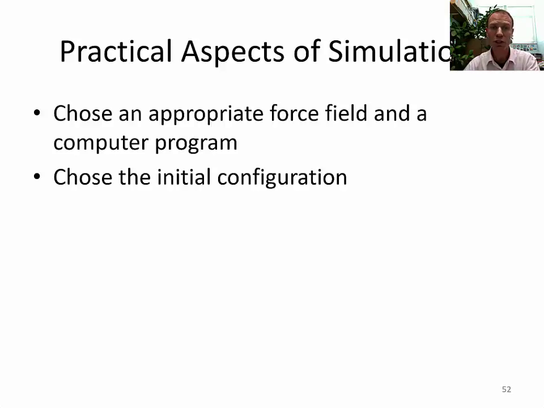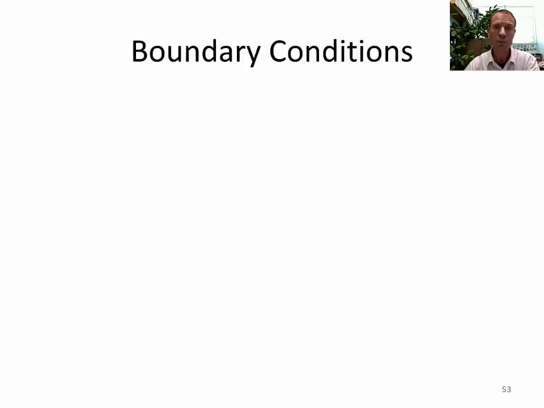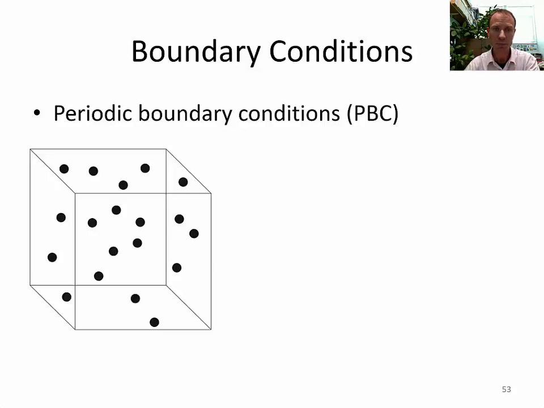So, assuming you've got your initial configuration, the next thing you need to think about are the boundary conditions in your simulation. Because you can't model an infinitely large system, how do you deal with modelling just a small system? The most common type of boundary conditions that you will come across are so-called periodic boundary conditions, or PBC.